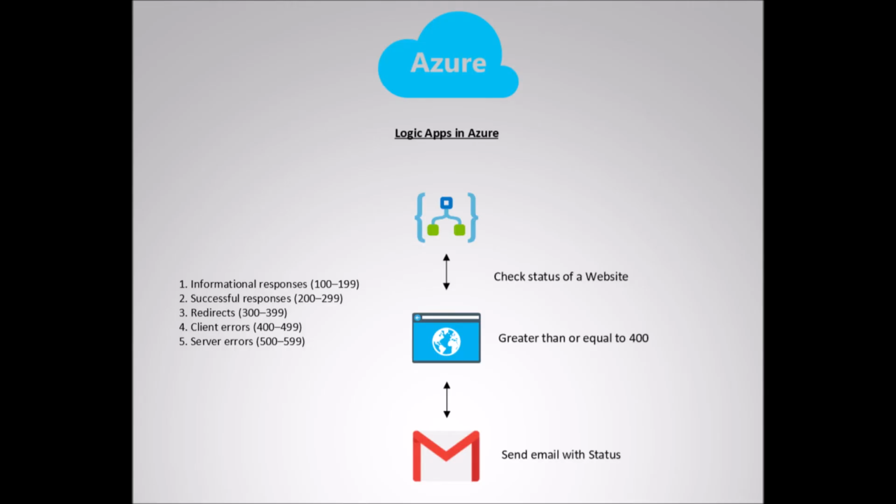So going back to our diagram, we have added a logic app that will trigger if the status code of the website is true, when the code is greater than or equal to 400.